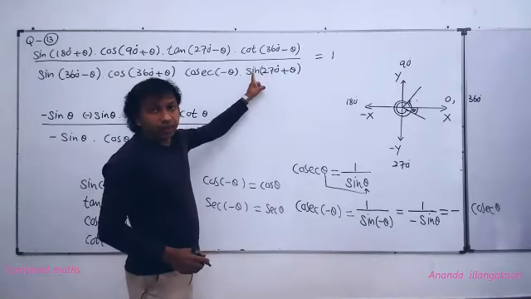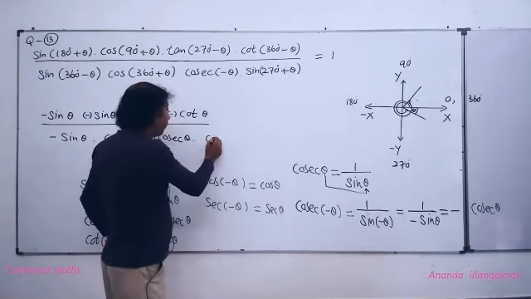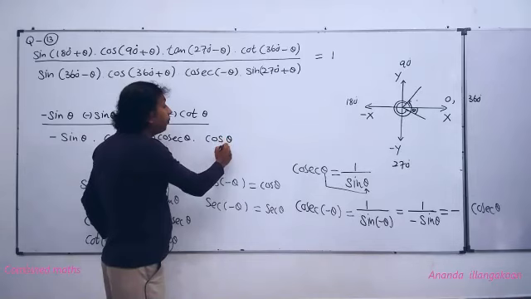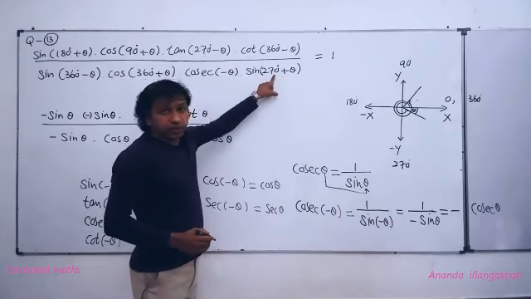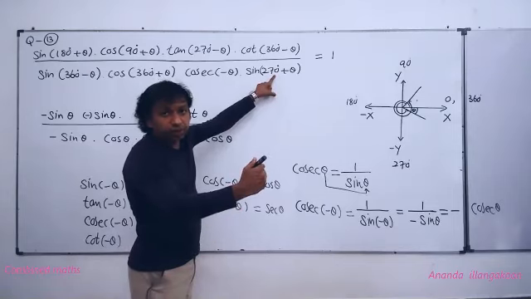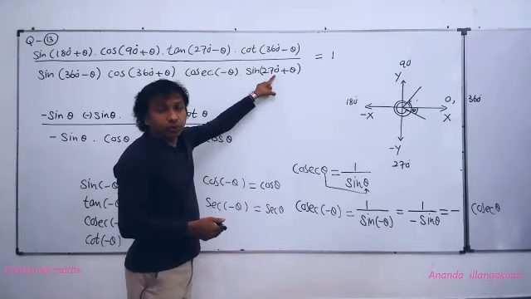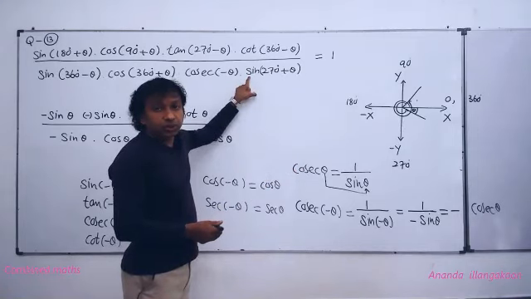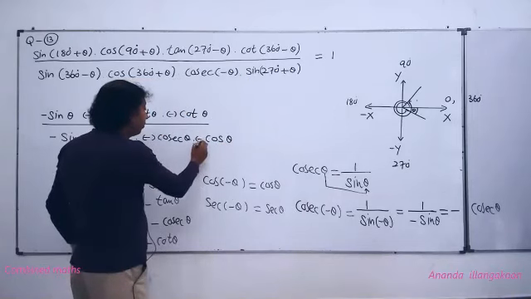If we have sine, then sine goes to cos, no? Cos theta. And this 270 plus theta means passing 270, another angle theta is moved. Then the corresponding OP lies in the fourth quadrant. For the fourth quadrant, the sine ratio is negative, and so is cosec. Then we have to put a minus sign.